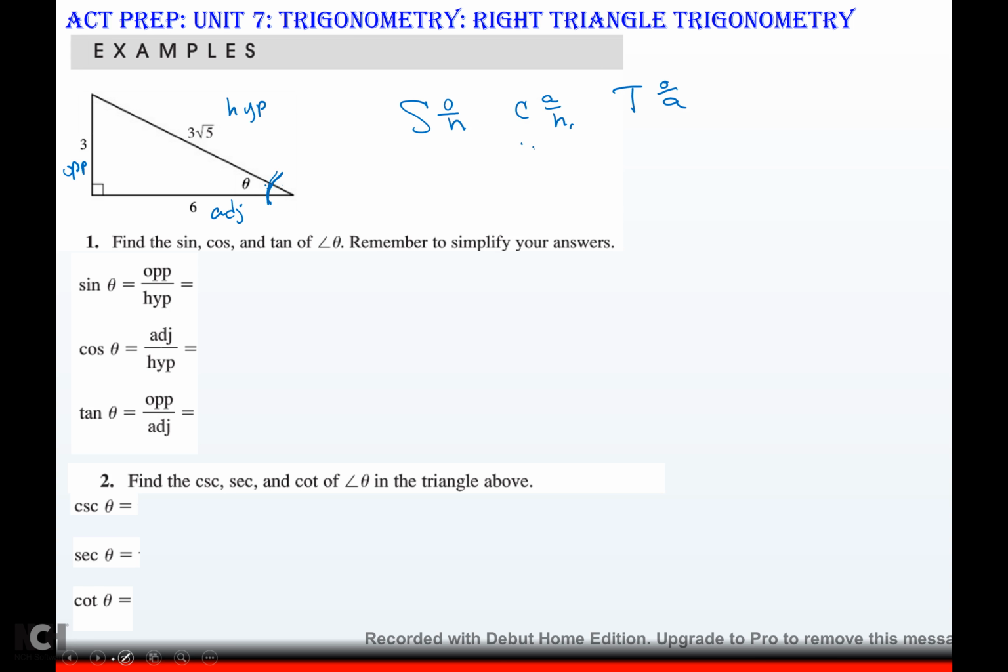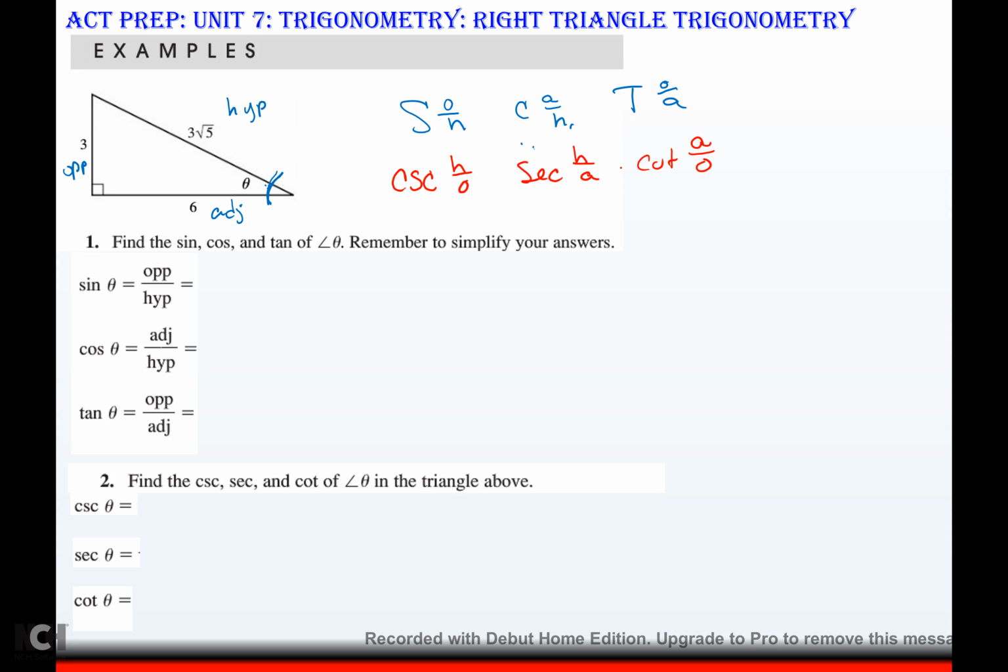Then cosecant is H over O, secant is H over A, and cotangent is A over O. Just have those handy. Memorize Soh-Cah-Toa, then just write the cousins underneath it and flip over their ratios.